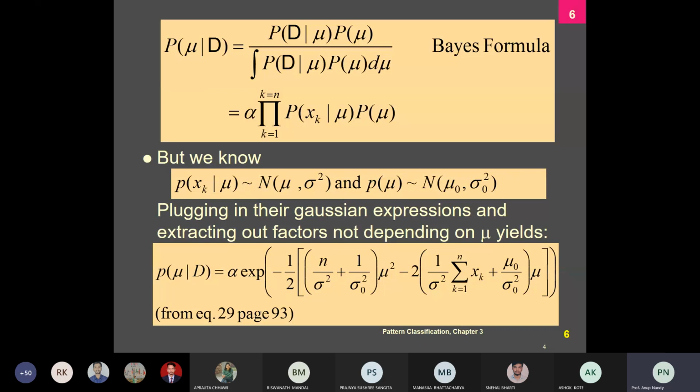In order to simplify the equations, we are just taking it in this way.